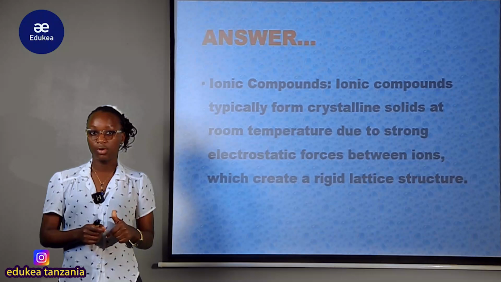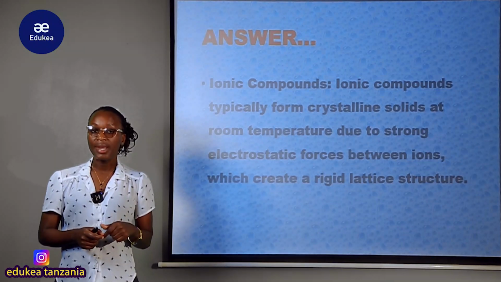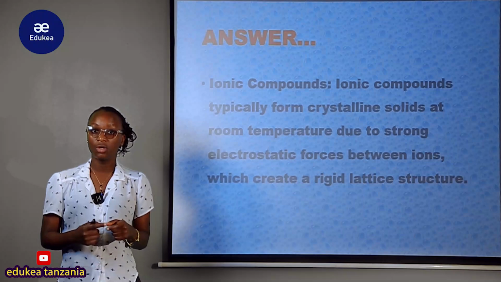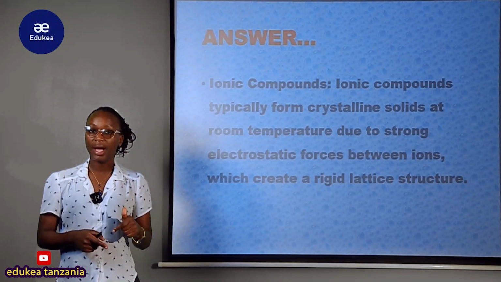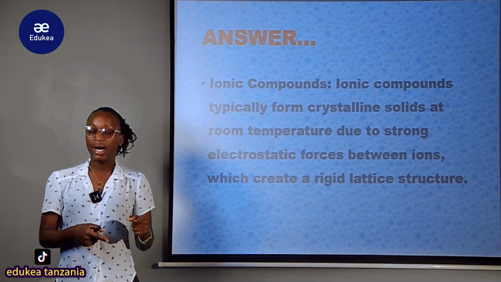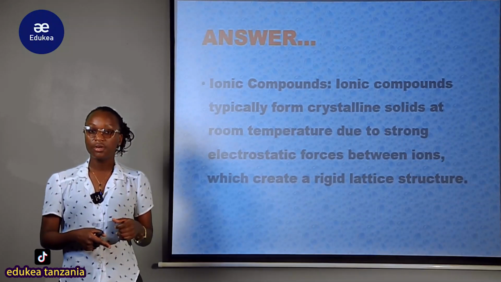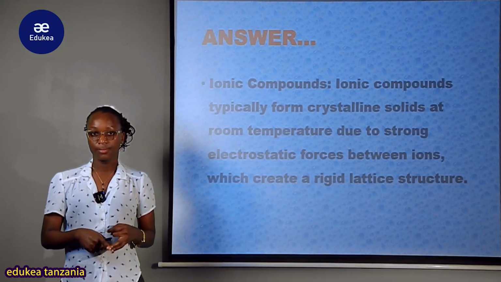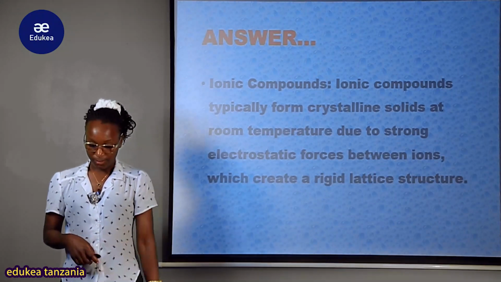Mfano mzuri ni sugar, tumeona, na hiyo ina depend na factors, molecular size lakini pia na intermolecular forces, ndio inapelekea some of the covalent compounds zinakuwa na hiyo nature ya solid, lakini most of them they exist in liquid or gaseous. So that's the difference.